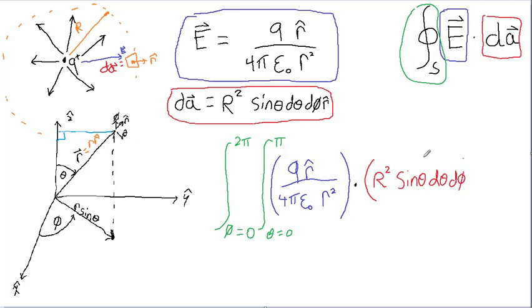And I can't forget that there's a r hat vector there as well, so that also has a direction. So now we start evaluating.